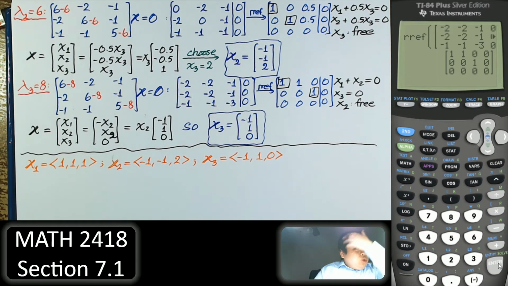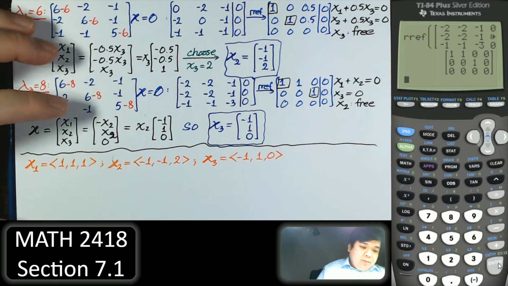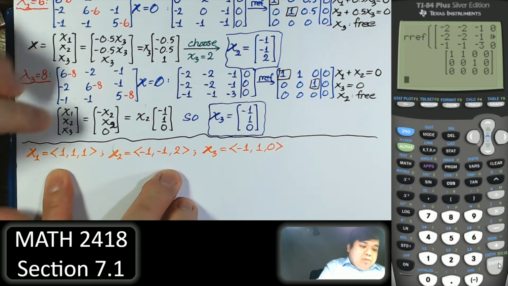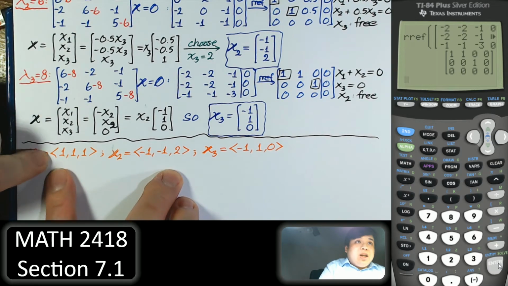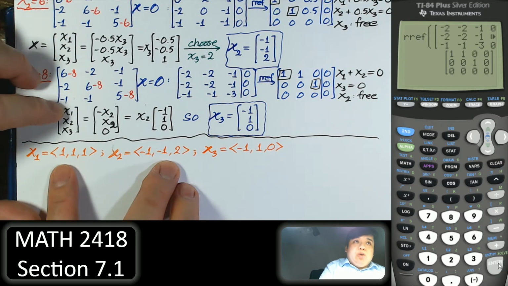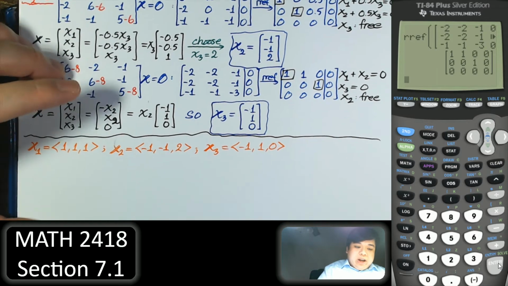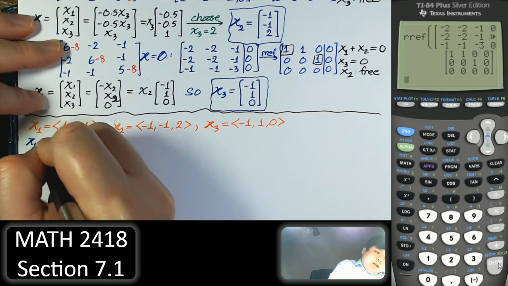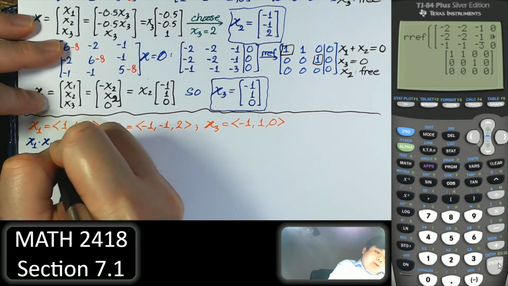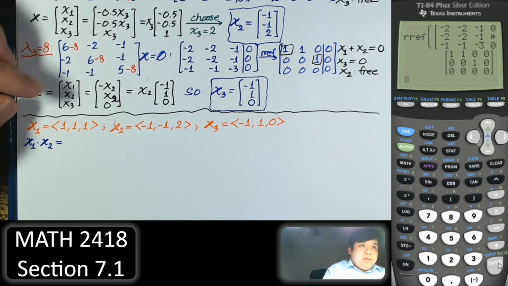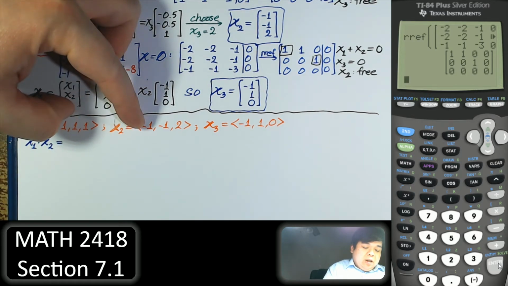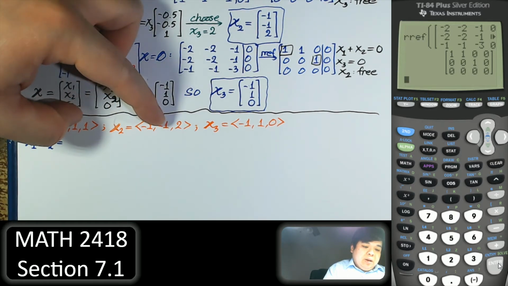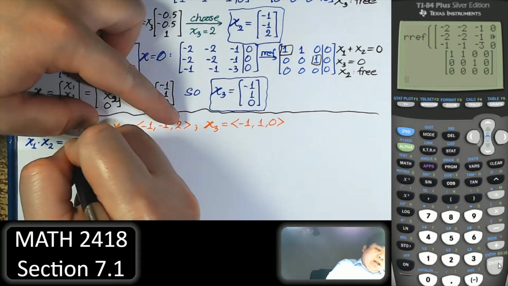Right, so what's so special about this? Now, observe that they are orthogonal to each other. We can check: x1 dot x2 is -1 minus 1 plus 2, so that equals 0.